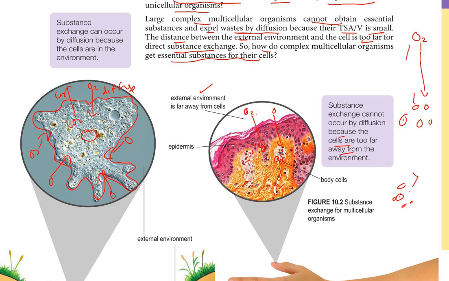That's why we need a transport system, maybe vessels like this that go to the cells and send the oxygen directly to them. You must remember we have millions of cells, and all of them need oxygen. So diffusion alone cannot supply oxygen to our body, and that's why we need the transport system.